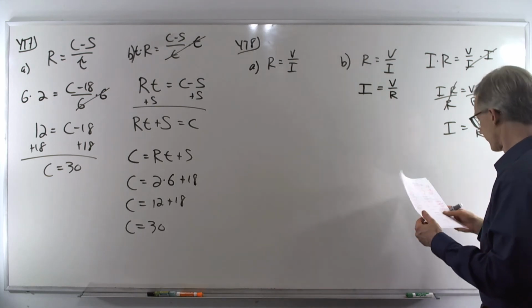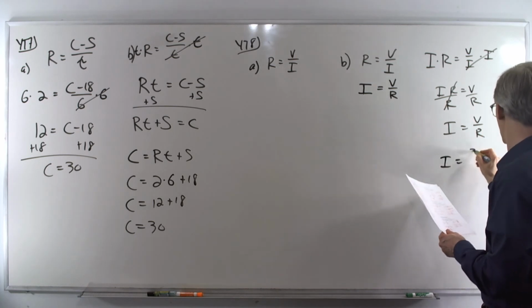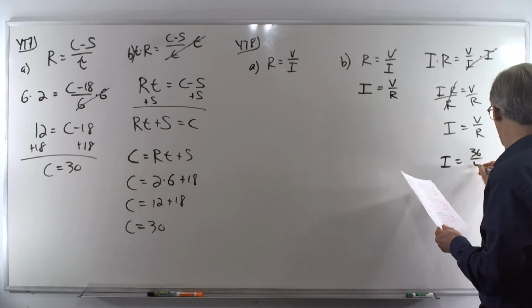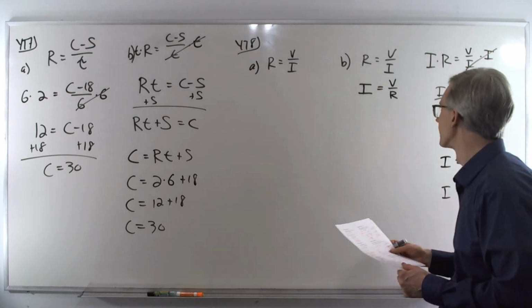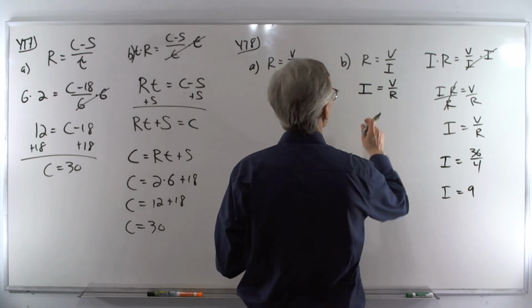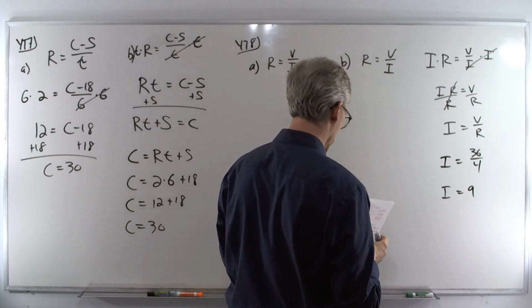All right, now that we have a solve for I, now we can plug in 36 for V and 4 for R. So I equals 9. Now in this one, we're plugging in first.